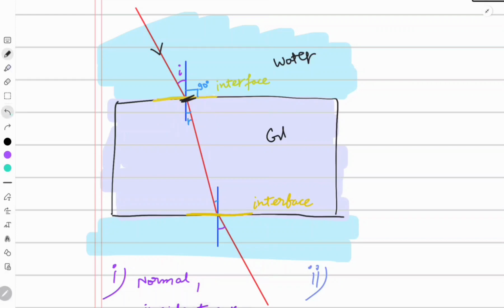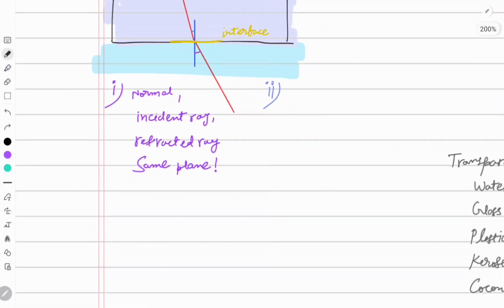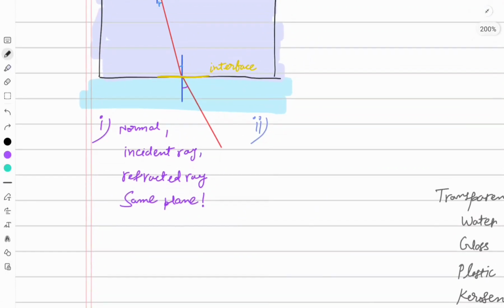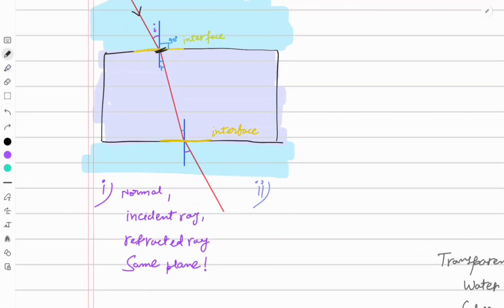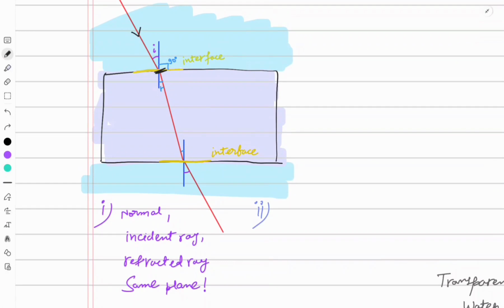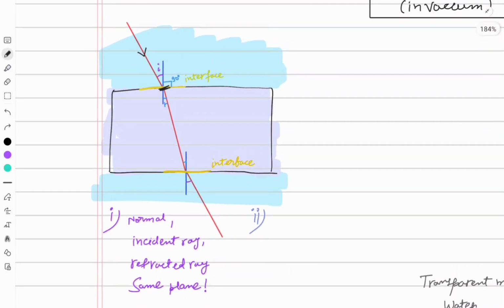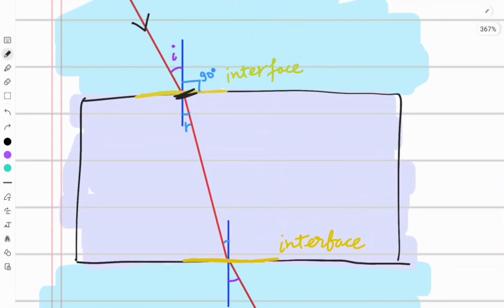To understand that, we'll have to understand the rules of refraction. That's what we are going to learn here. The first rule is very simple. You might have learned this rule in reflection also. The normal, the incident ray, and the refracted ray are in the same plane. The normal is the line that makes a 90-degree angle with the interface.